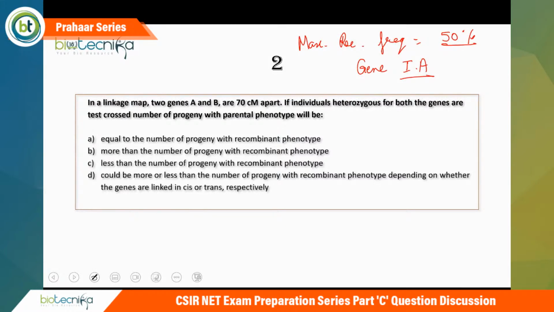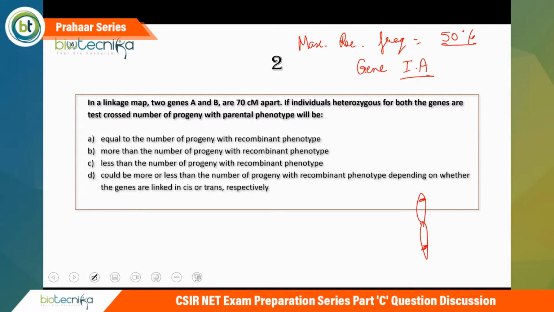Even genes present on the same chromosome can be independently assorting if they are present at a very far distance, at opposite tips of the chromosome, even though they are on the same chromosome.